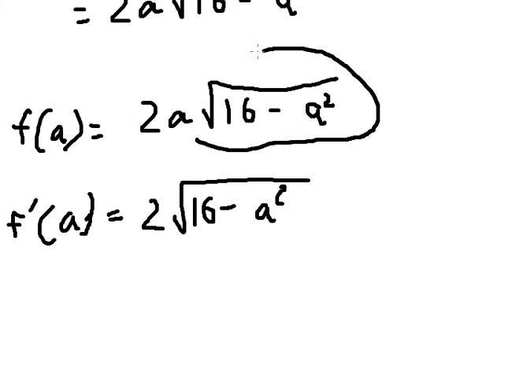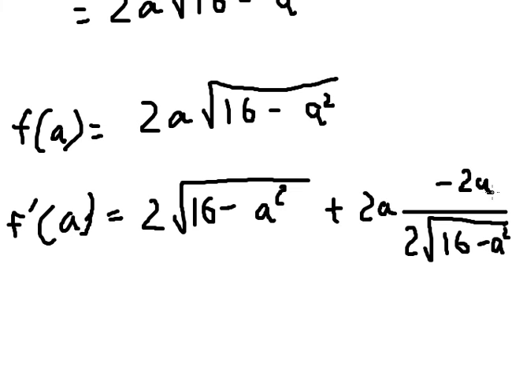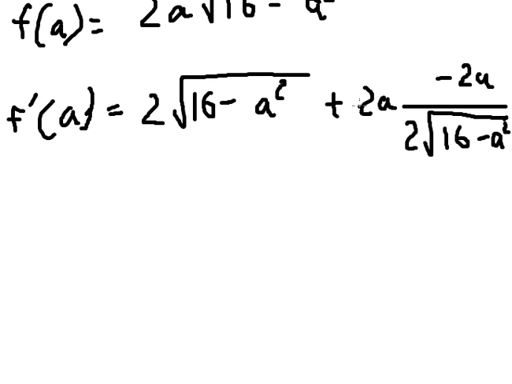So we do first the derivative of this one. And we have like this. So number 2 and number 2 we cancel.